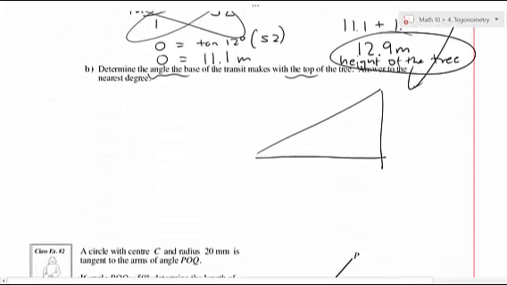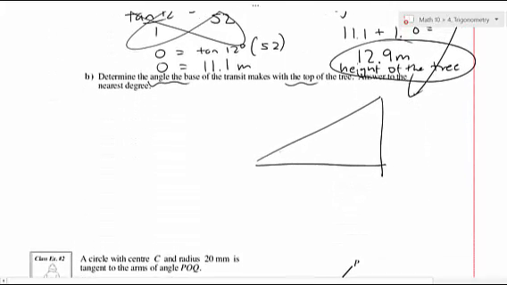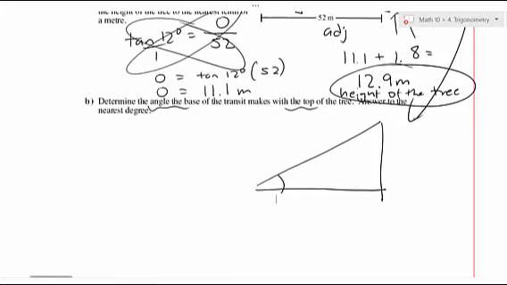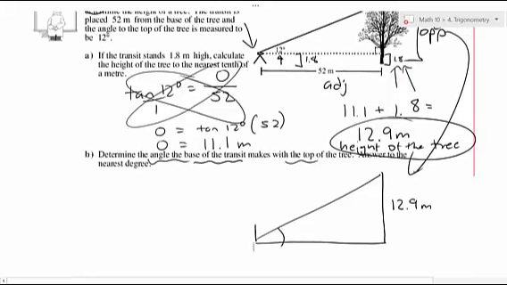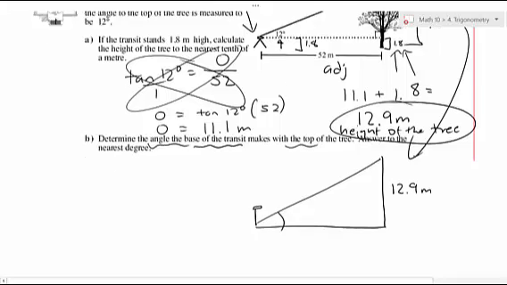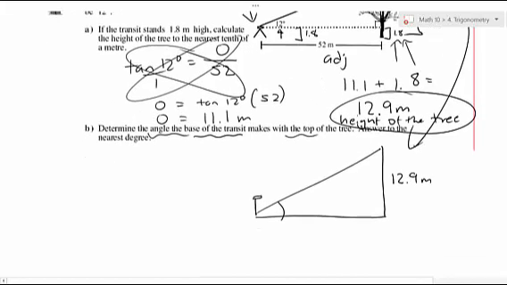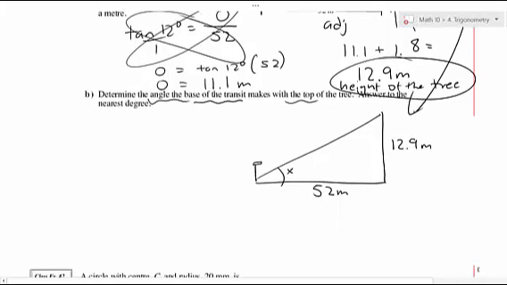Now I can use that to find this angle here. We're going back to finding the angle, but in this case we have now a correct height of the tree. It's 12.9 meters, and we want to find the angle to the base of the transit. So remember, the transit is right here, and we're finding the angle to the base of it. So it's still 52 meters here. And so we have x degrees.